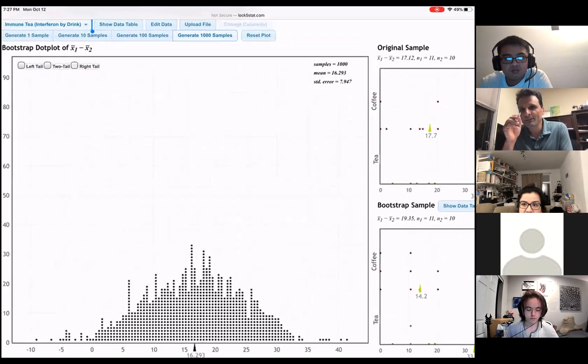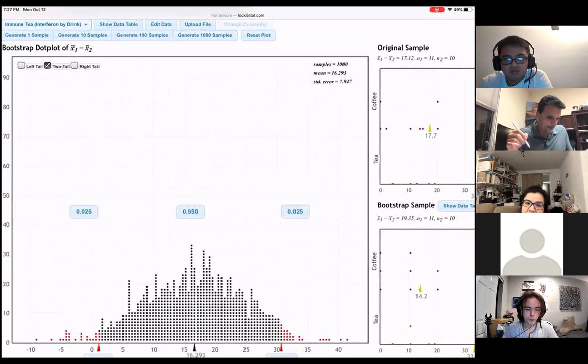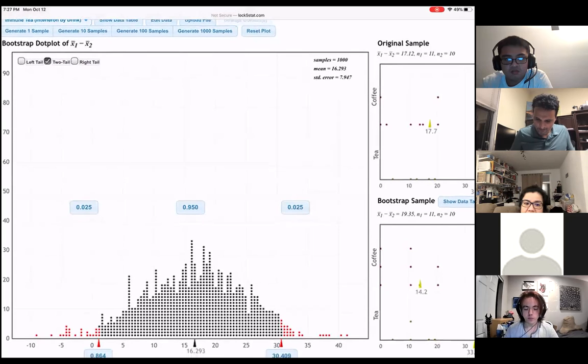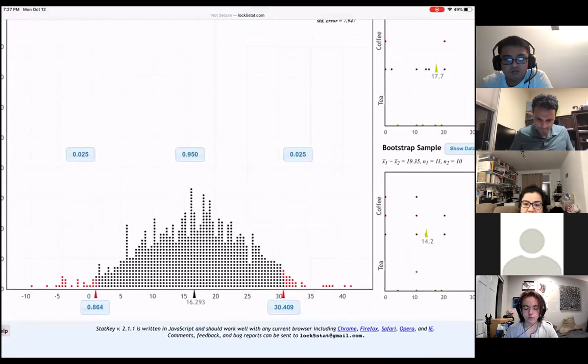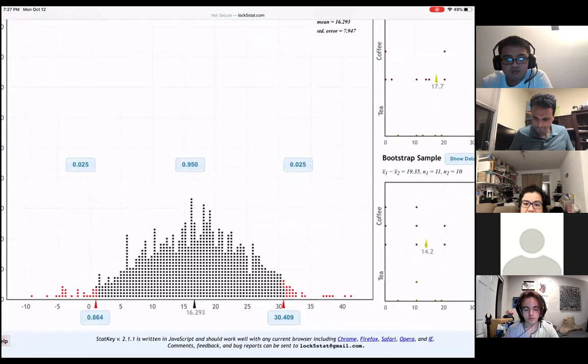You can use the formula statistic plus minus standard error, or we can use this two-tail. We are doing 95, so it's already 95%. It gives us the interval from 0.86 to 30.5. Correct, this will be the interval.